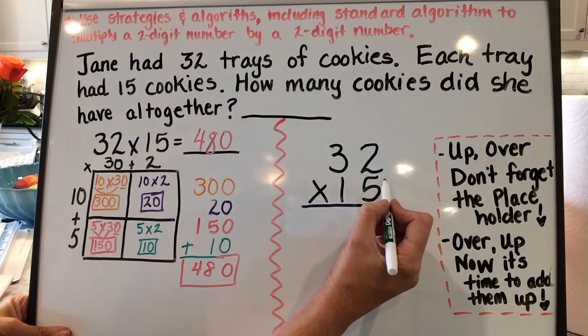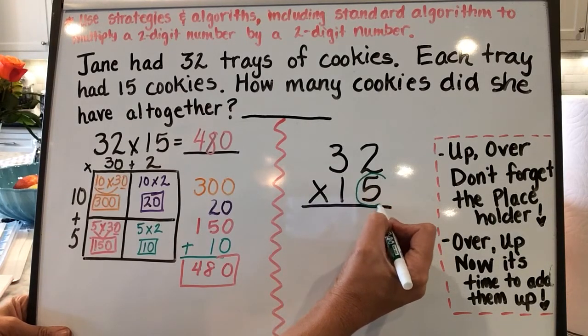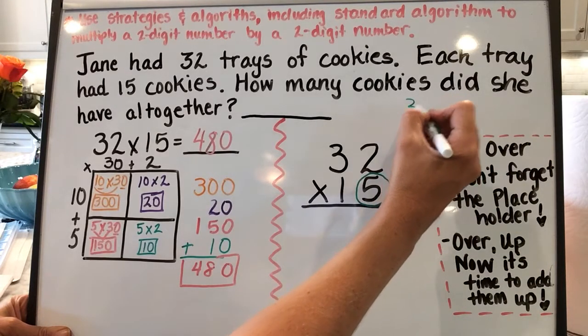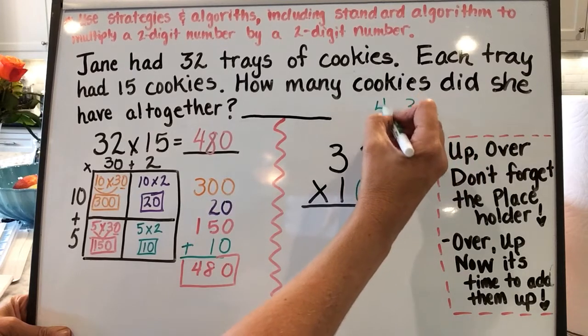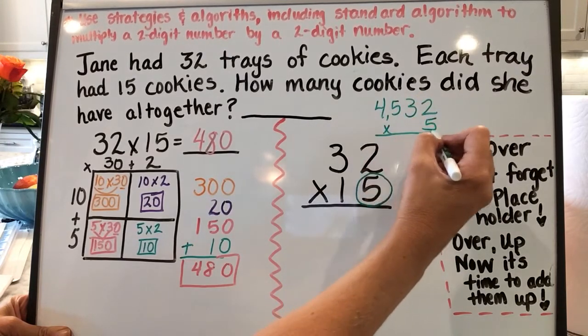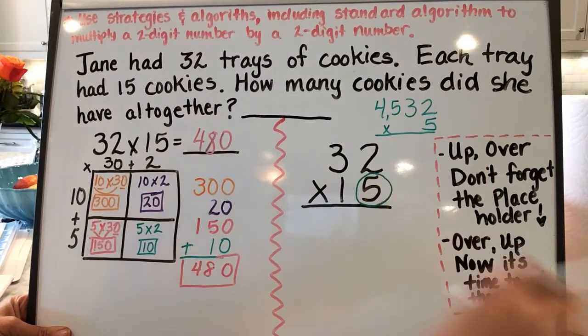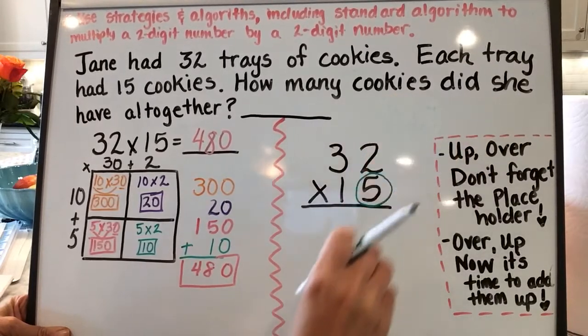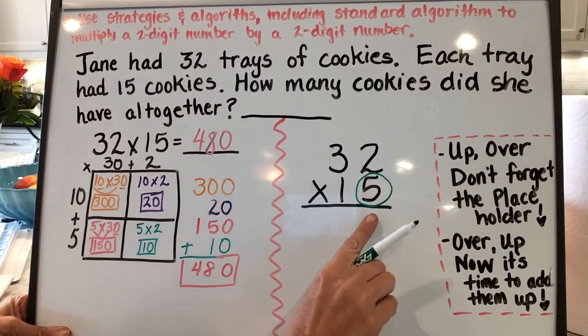So we're always going to start with the ones place on the bottom. Think of it like if I was doing a 4-digit number times 5, I always start here. So we kind of want to go back to our prior knowledge there. You'd always want to start on that bottom number. So we're always going to start here.